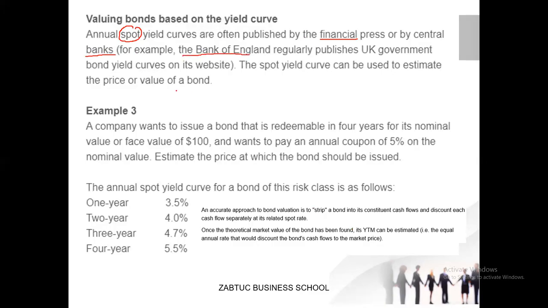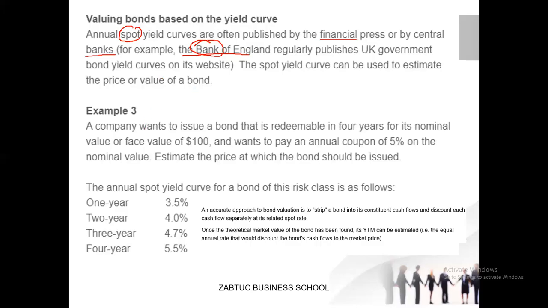So these spot yield curves are interest rates involving transactions where an amount is borrowed today and the lump sum is paid at the end. The interest rate applicable is normally given by entities such as the Bank of England. Okay. Now let's continue.